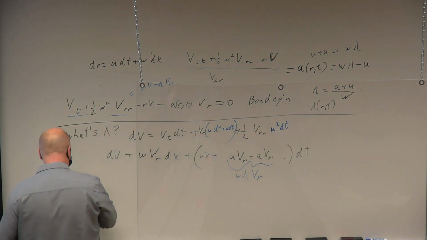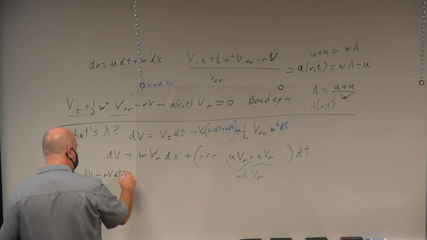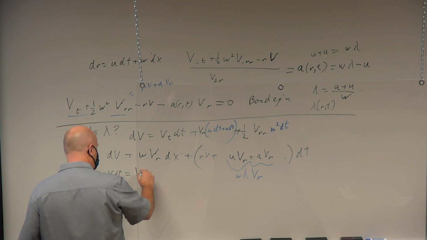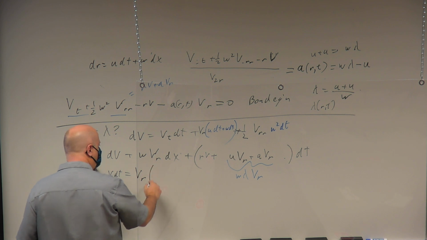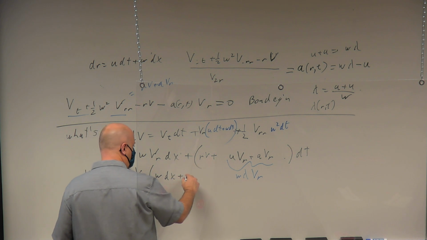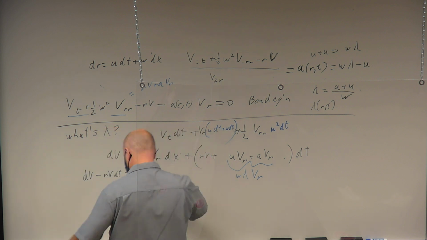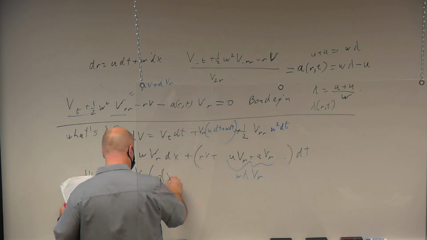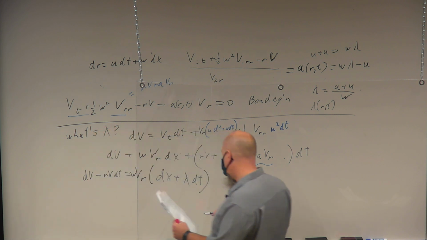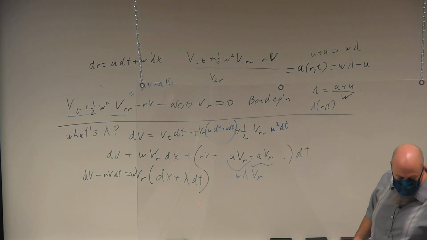So I'm going to end up with this expression. dV minus RV dt is equal to V sub R times W dx plus, well, I can take the W out as well. So I will. Can't I? Yes, I can.